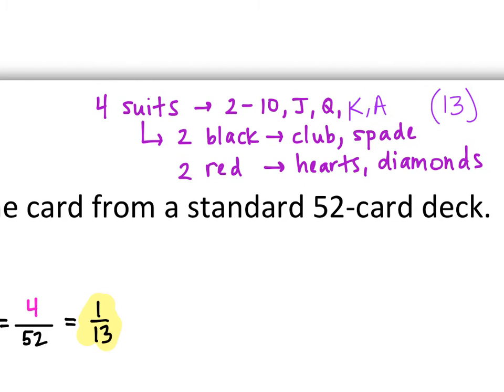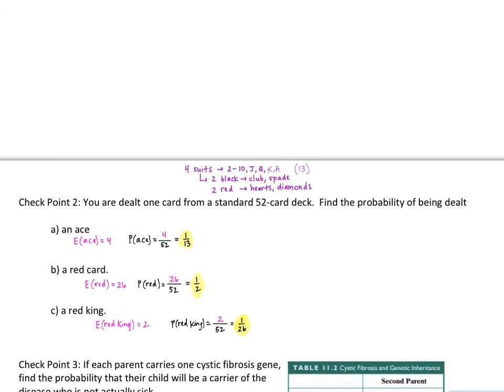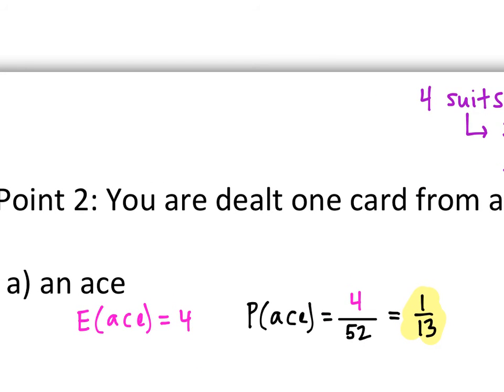So now let's go ahead and get into our first example. Say we are dealt 1 card from a standard 52 deck. Find the probability of being dealt an ace. Okay, so the event that I'm looking for is an ace. I want an ace out of the entire deck.